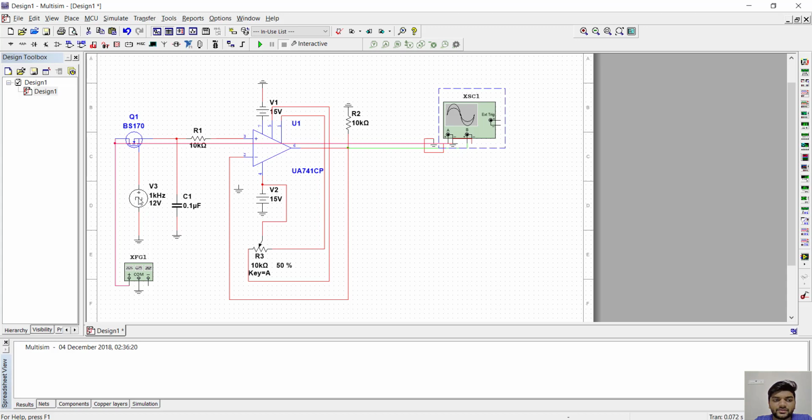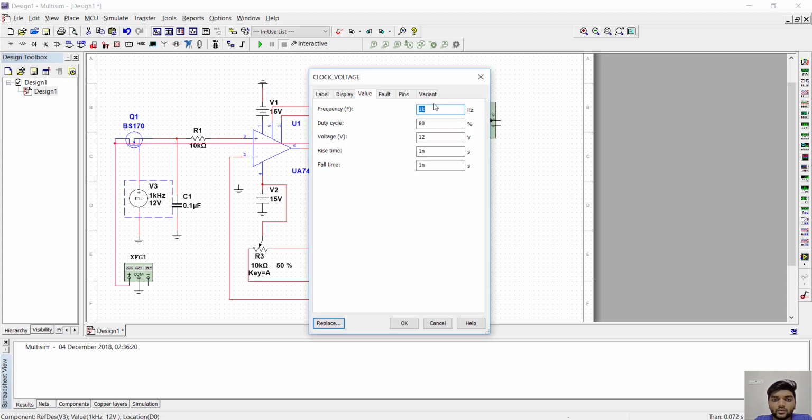Now, as I said previously, the frequency over here gives you the amount of samples you want to have compared to our signal with its frequency. Now suppose I set the duty cycle to 10% so that it is easily visible and the frequency to 500 Hz.